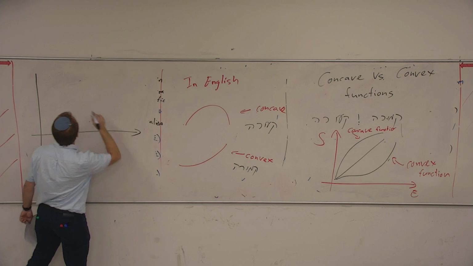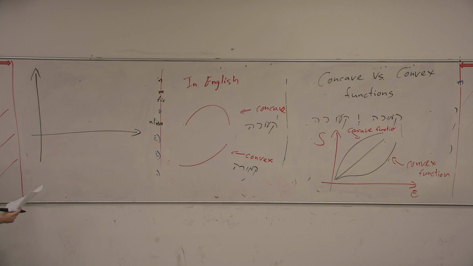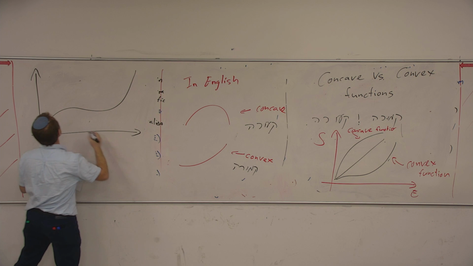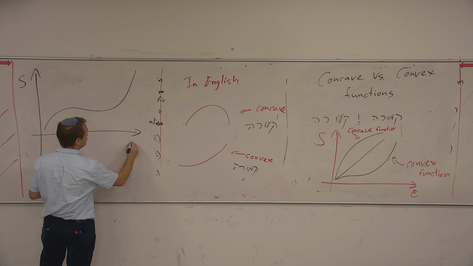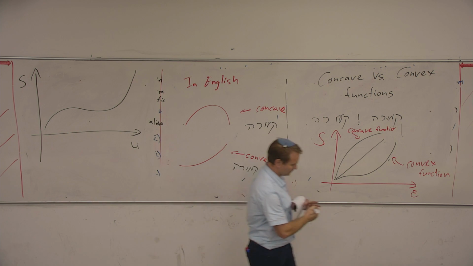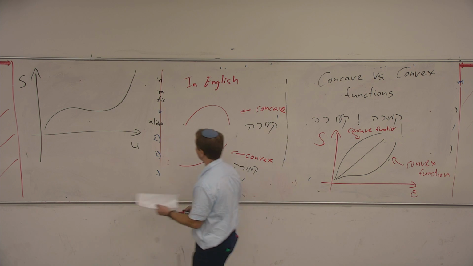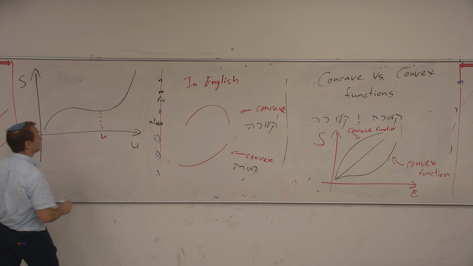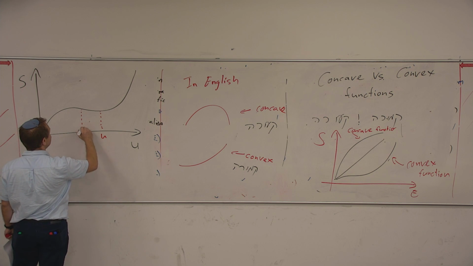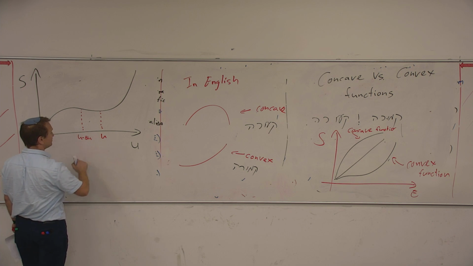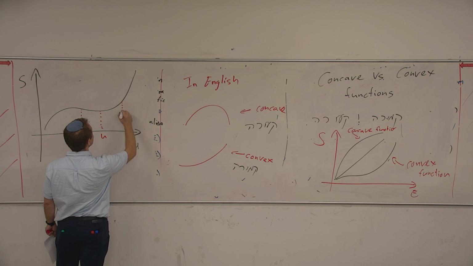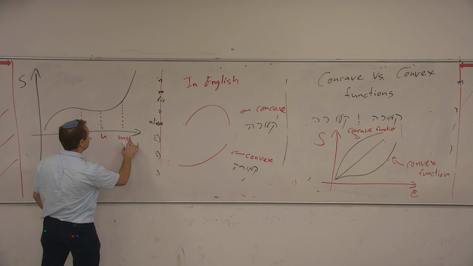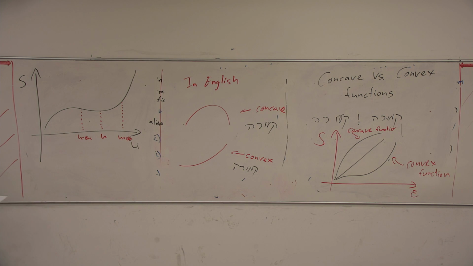Let's assume that our function is convex. This is S, this is U. This is my U, this is U minus delta U, and this is U plus delta U. This is convex.